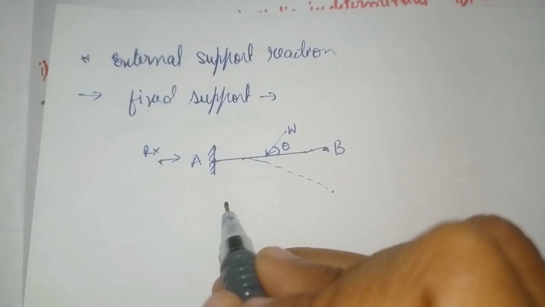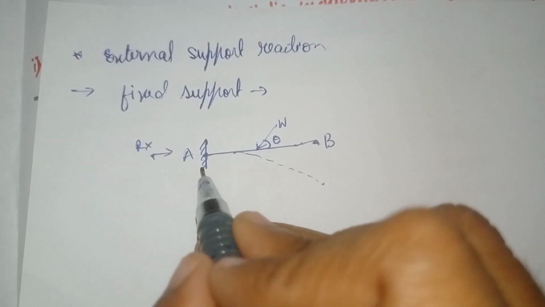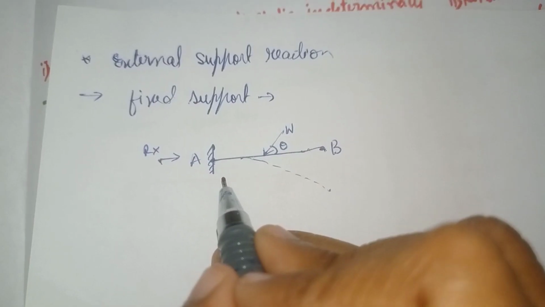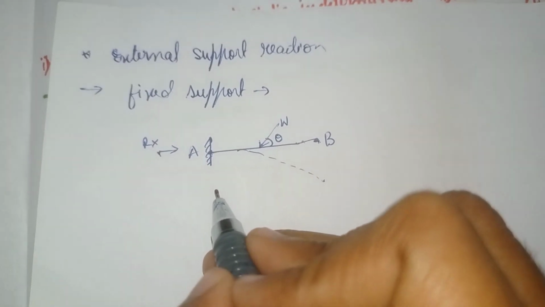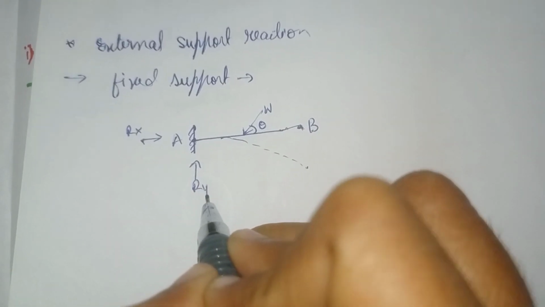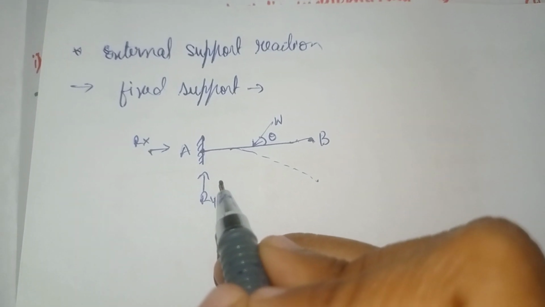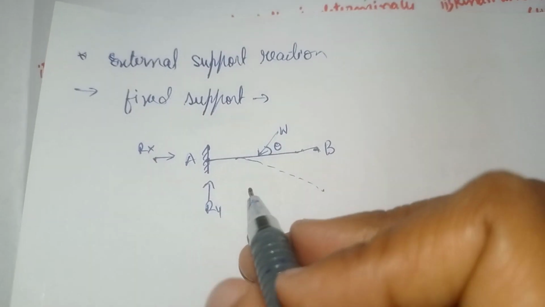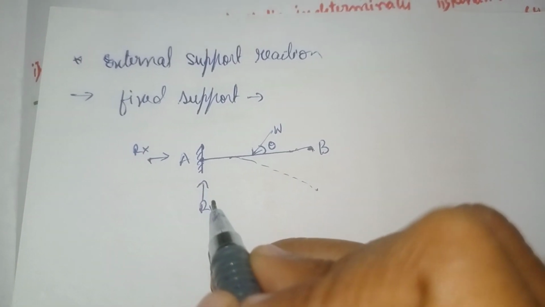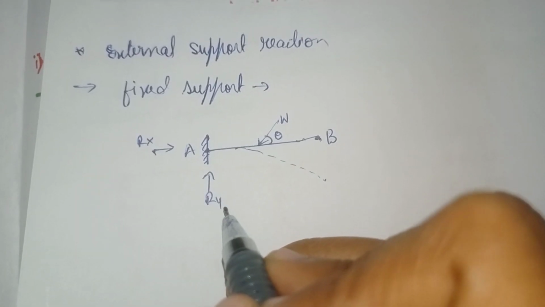In the vertical direction also there is no movement, so one more reaction will form. We will call it Ry, in the vertical direction. It restrains the vertical displacement.